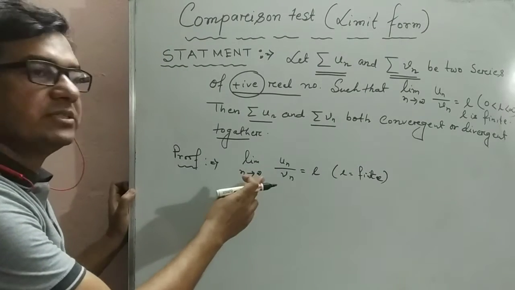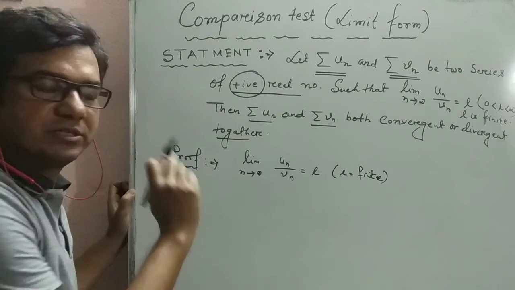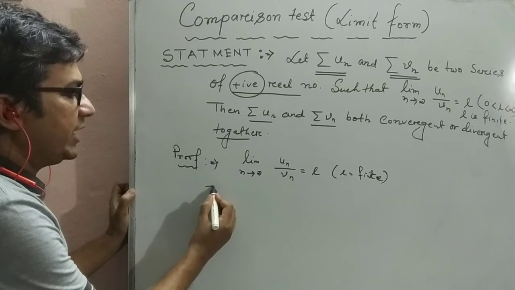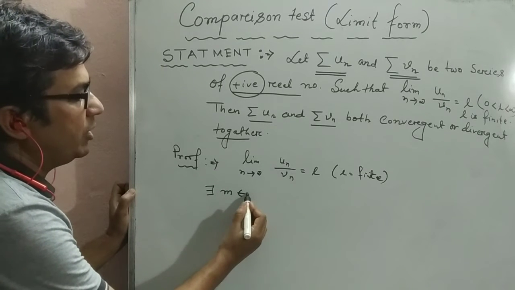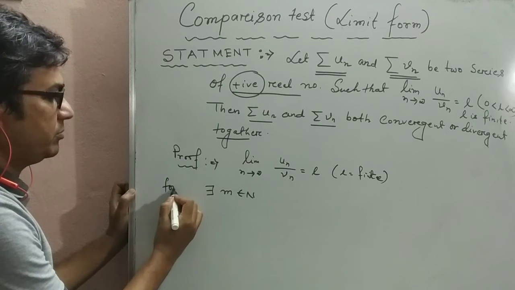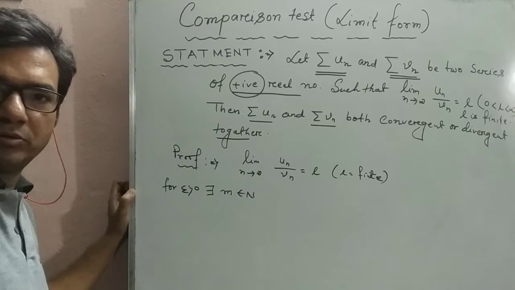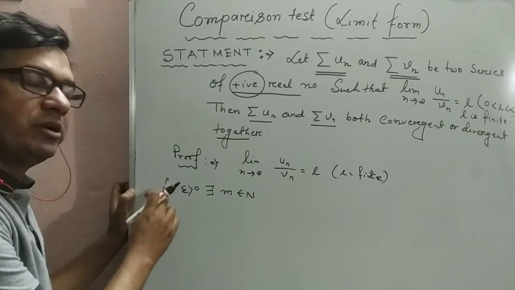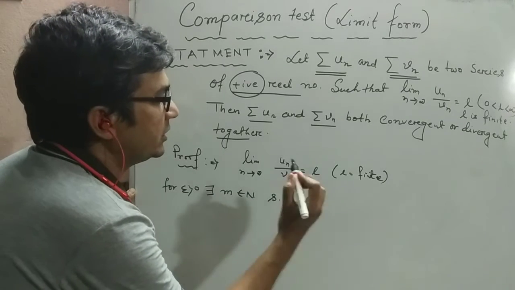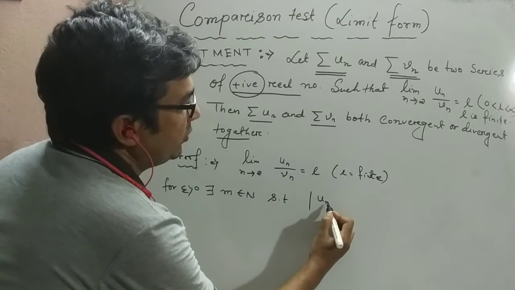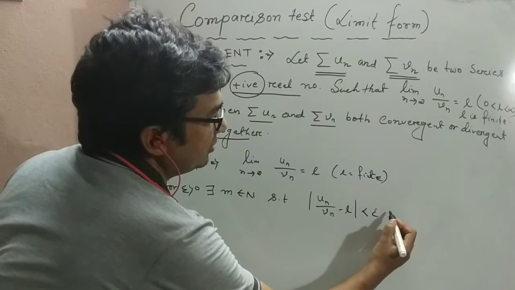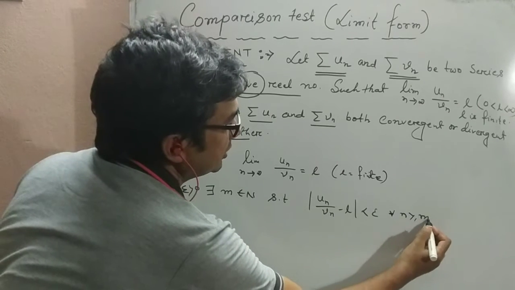So from the definition of convergence of a sequence, for pre-assigned epsilon greater than 0, there exists m belongs to capital N such that mod un by vn minus L is less than epsilon for all n greater than or equal to m.